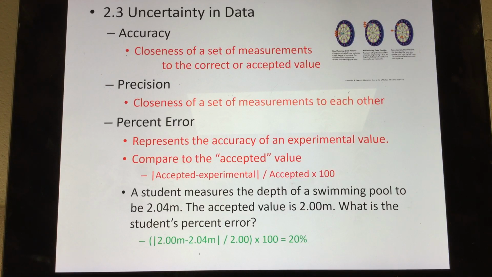So we plug in the accepted value of 2.00 minus the student's experimental value of 2.04, and again take the positive value, even though technically that would come out to be a negative 0.04. We do absolute value, and then divide by 2. That will give you 0.02, and then to convert that to a percent, we just multiply it by 100. So the student was off by 20%.